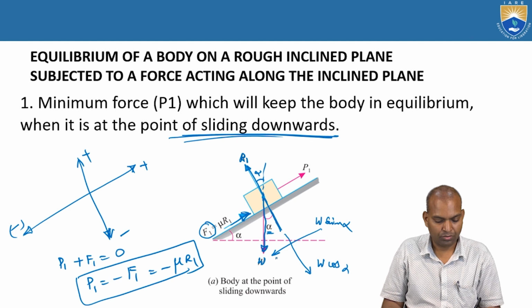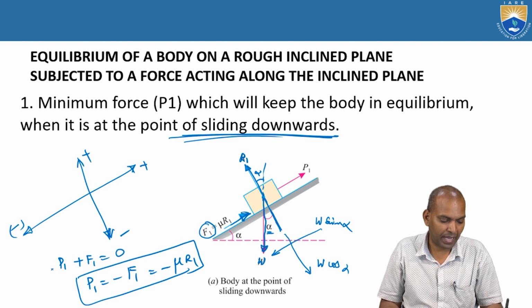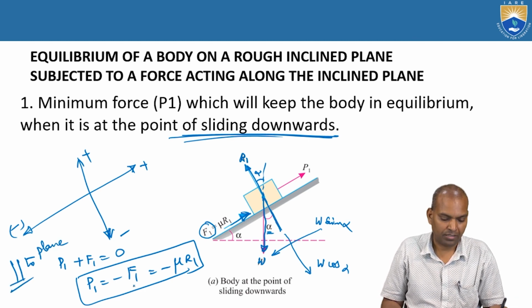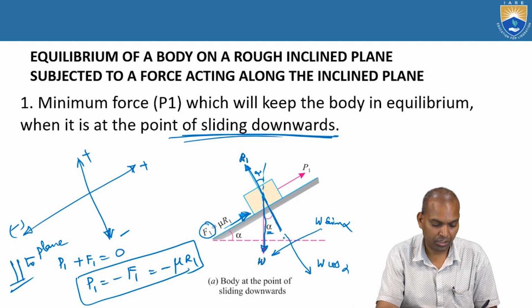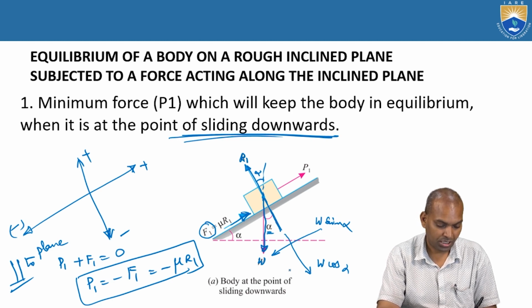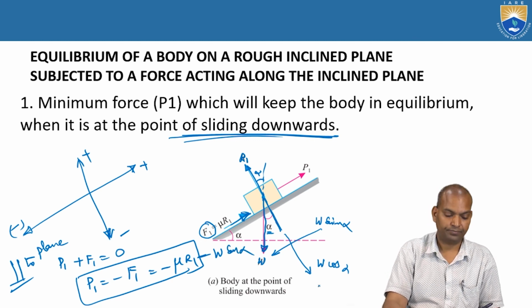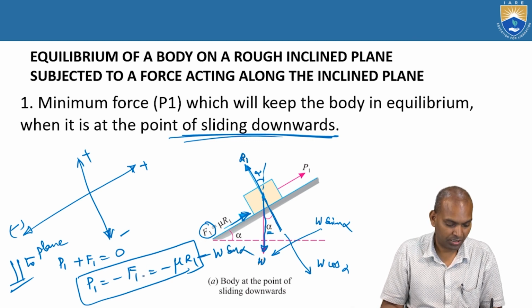Now, parallel to the inclined plane, if you resolve the components, not only F1 and P1, there is one more force. What is that force? Minus W sin alpha.